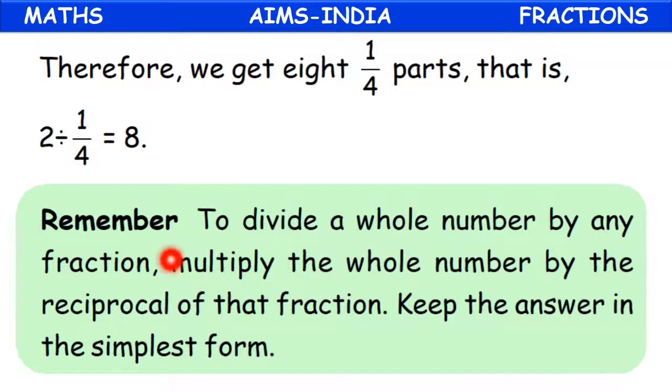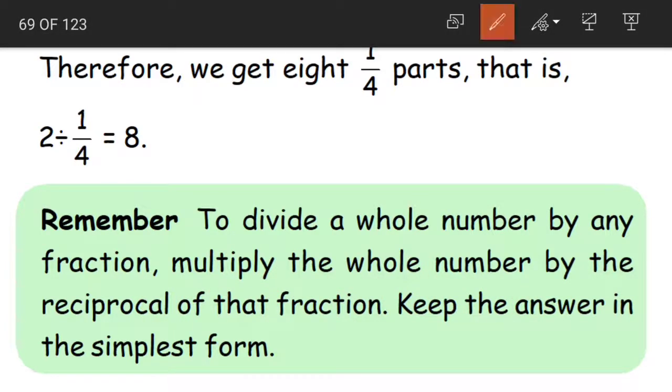But if we look at how to actually divide these, remember, to divide a whole number by any fraction, multiply the whole number by the reciprocal of that fraction. Keep the answer in the simplest form. Now what should we do here? To divide a whole number by a fraction, we need to multiply the whole number by the reciprocal of that fraction.